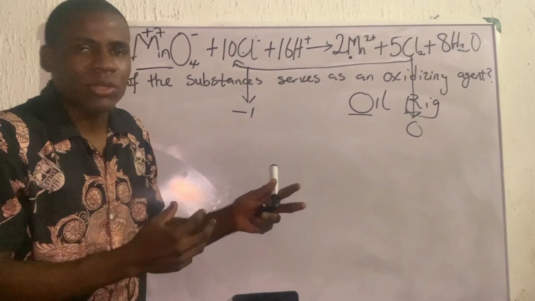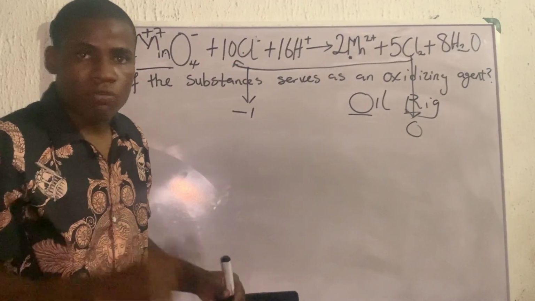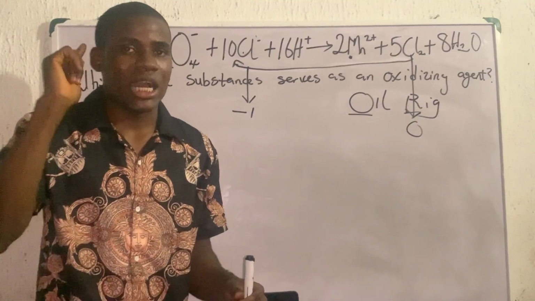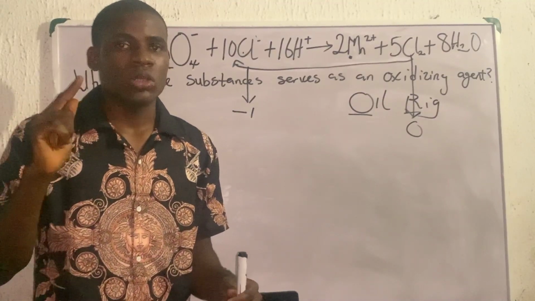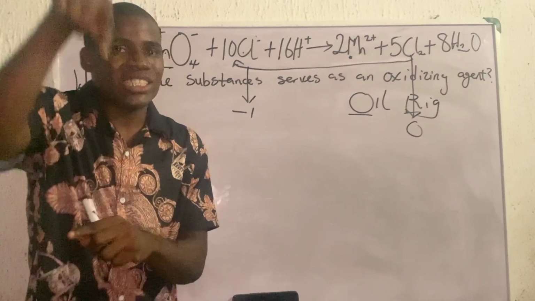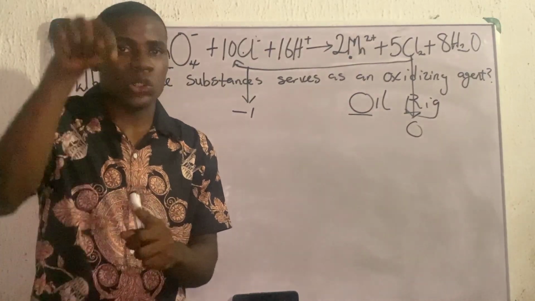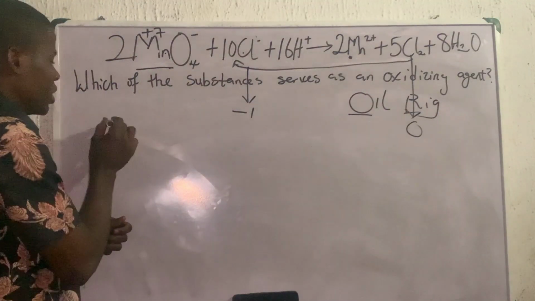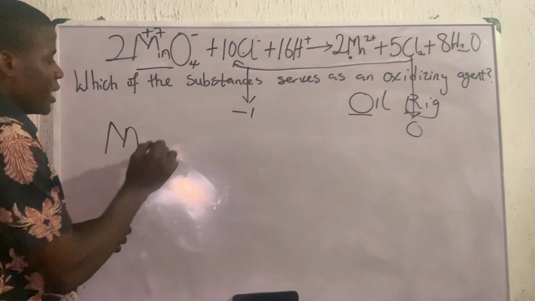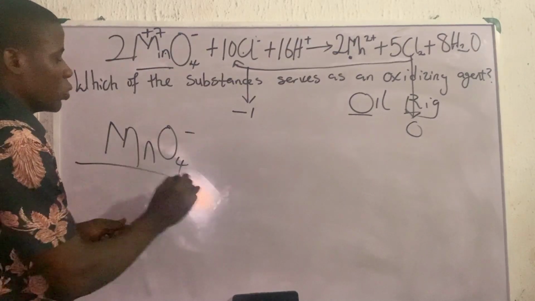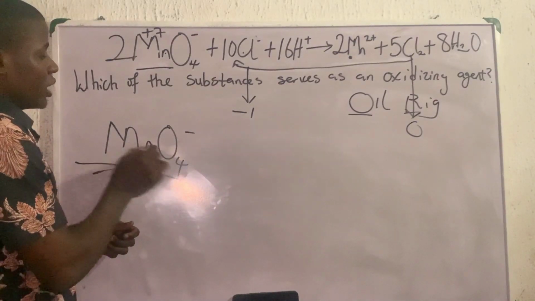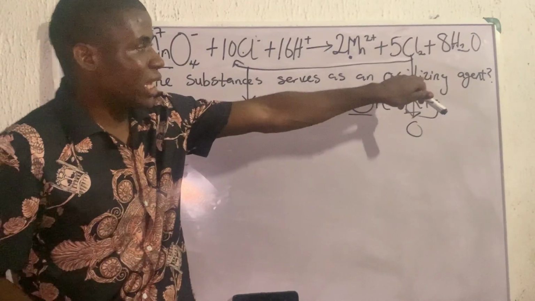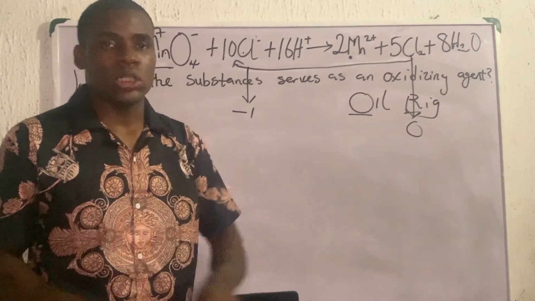Did it increase or decrease? It decreased, right? Very good. It means that reduction has occurred. And as I said earlier, the one that undergoes reduction is the oxidizing agent, and it is the one whose oxidation number decreases. Therefore, our answer should be MnO4 minus, the tetraoxomanganate(VII) ion, which is the oxidizing agent.